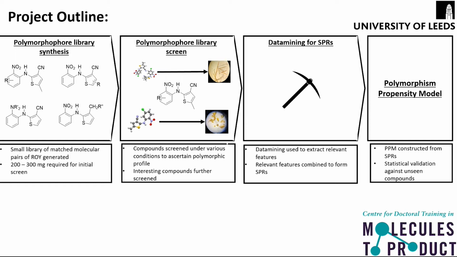This will subject the compounds in that library to various different conditions, even some high throughput apparatus provided by my industrial sponsors over at Pfizer and Syngenta, such as different solvents, supersaturations, evaporation rates and temperatures, in order to ascertain the polymorphic profiles of the compounds within this library.